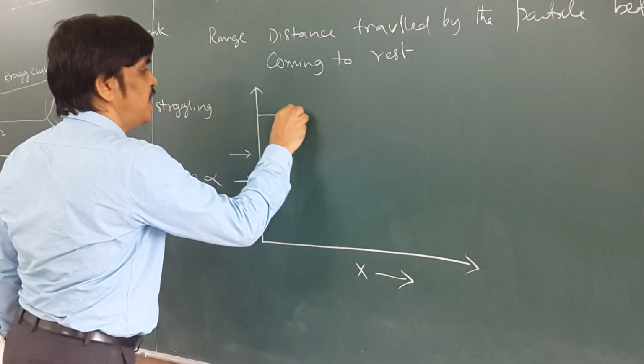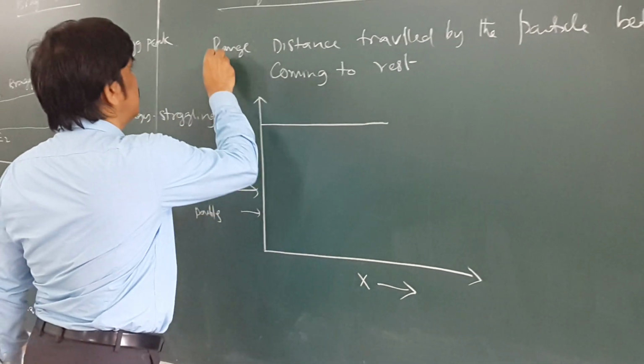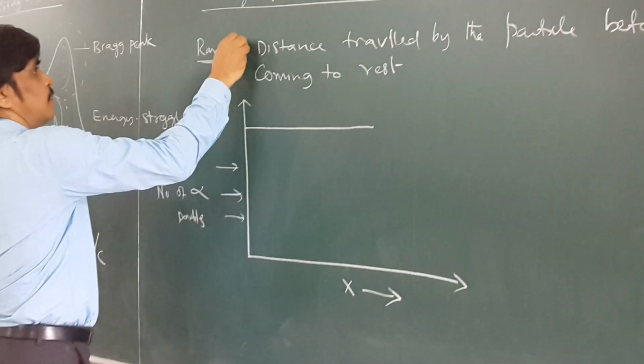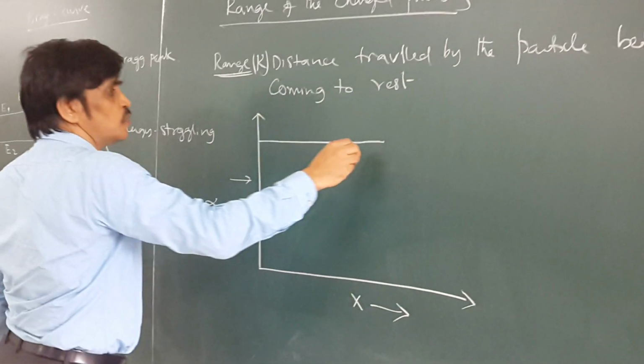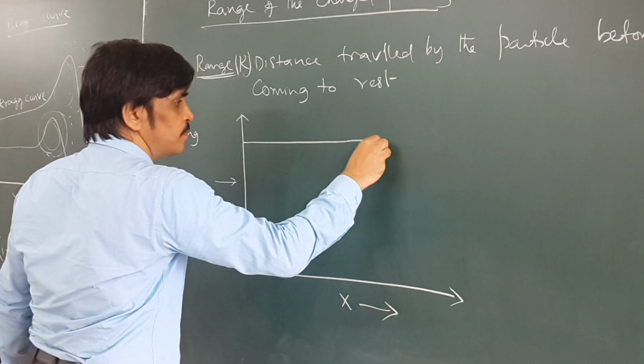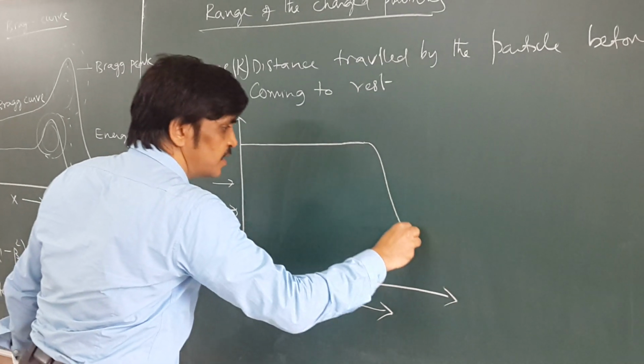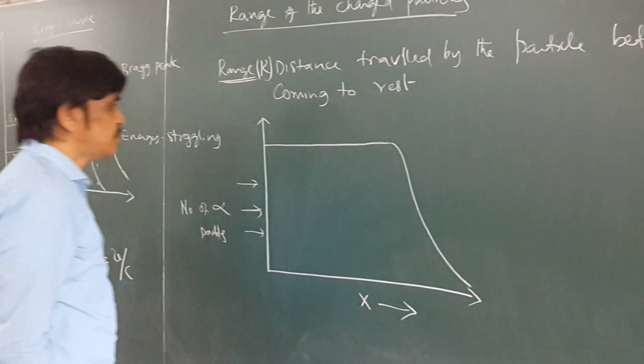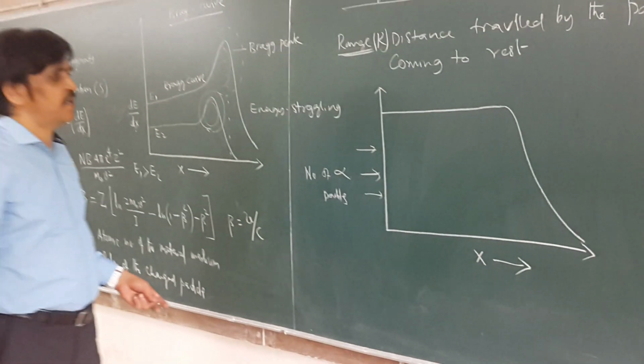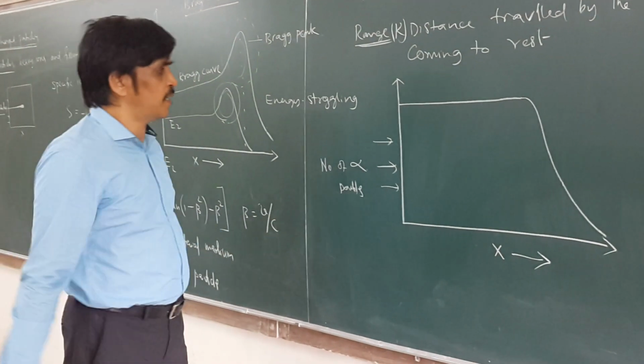Only when it reaches the range of the alpha particle, R, there will be a reduction in the intensity of the alpha particles.